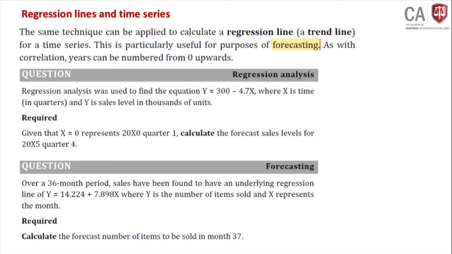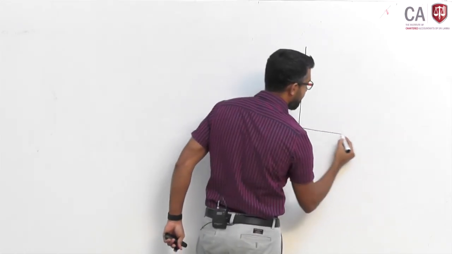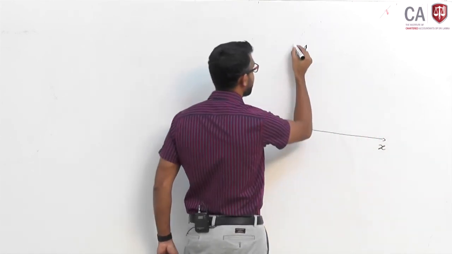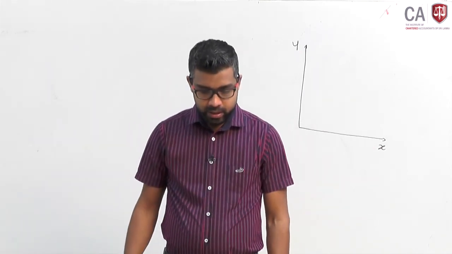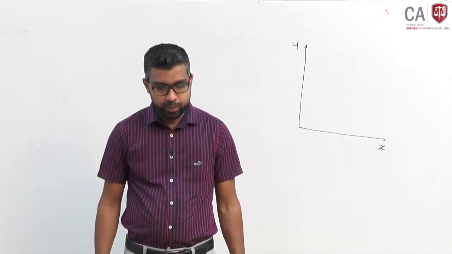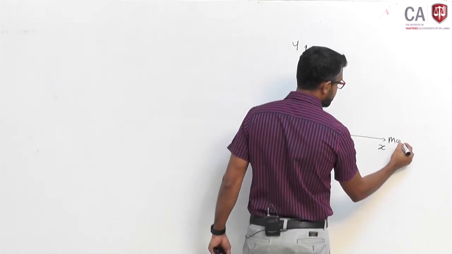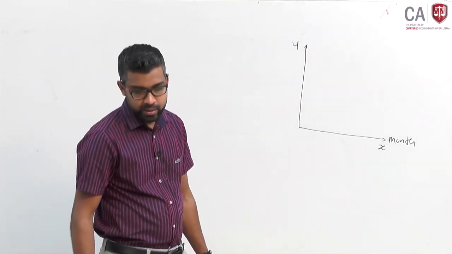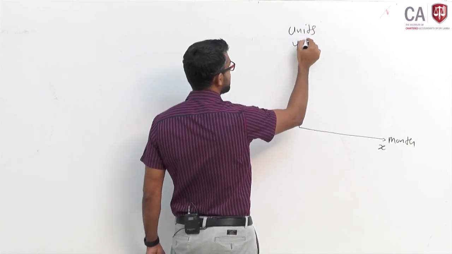So again, regression line. Making x and y. X and y. Right? So we have to assume x as month, and y as what? Number of items sold, units sold.